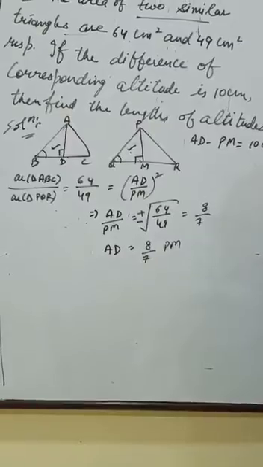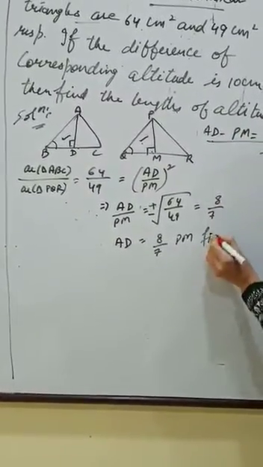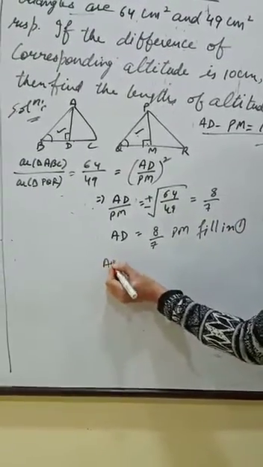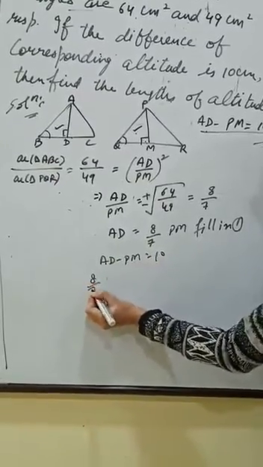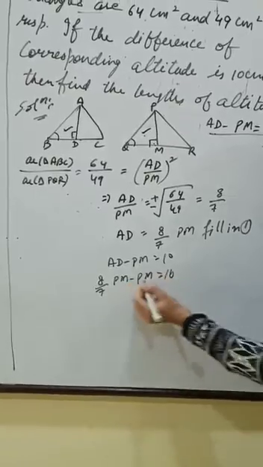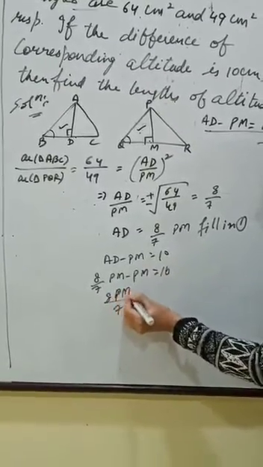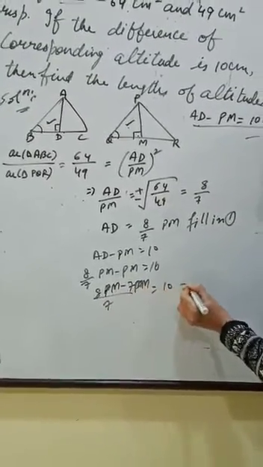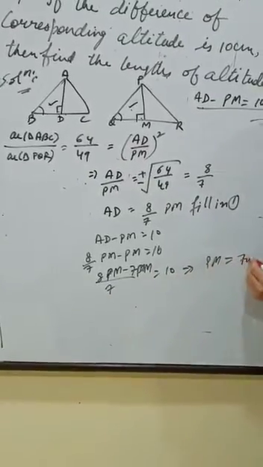Now we will fill this equation into the given first equation. AD minus PM is equal to 10. So 8 upon 7 times PM minus PM is equal to 10. If we take the LCM 7, 8 times PM minus 7 times PM is equal to 10, so it makes 1 times PM, and 7 on this side makes 70.